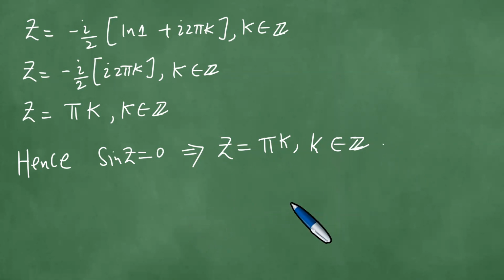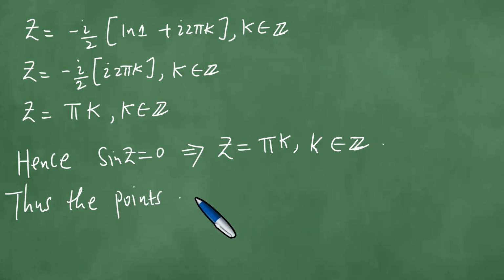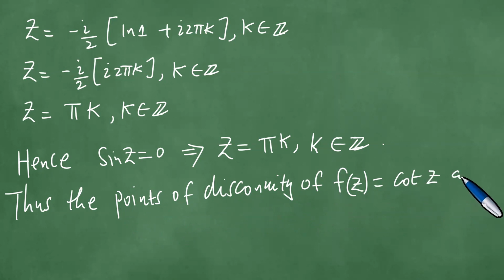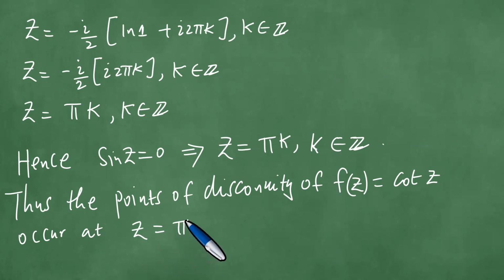So now the question becomes, the points of discontinuity of f of z equals the cotangent of z occur at z equals pi k, where k is an element of the set of integers, like this.